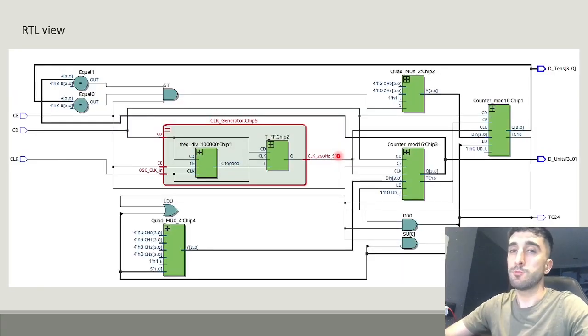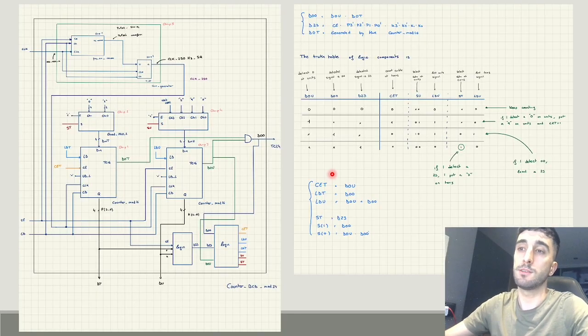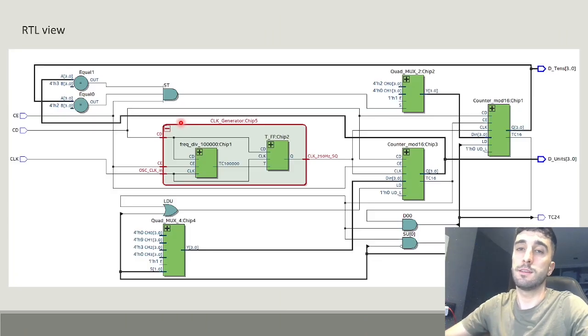Now in Quartus Prime I have generated this. I synthesize all, and I have generated the RTL view. So as we can see, this design is the same as this. So, yeah, we can see that all is well connected and all the files are okay. So let's have a look here at the CLK generator. As I said before, I'm going to explain later.